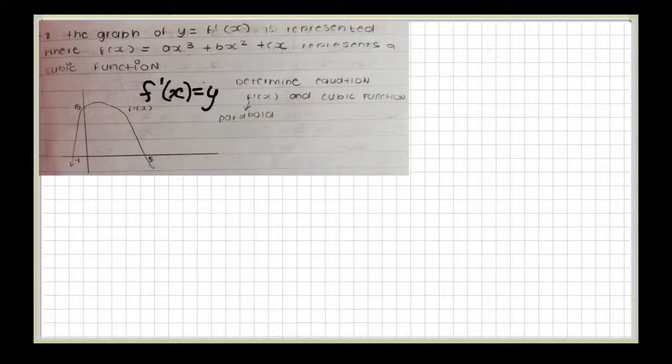I'm going to try this by looking at f(x) and f'(x). Now, the beautiful thing is, if I ignore that this is actually a derivative of a function, and I see this as being a function on its own completely, and I ask you to determine the equation of a parabola, I can almost guarantee you'd be able to do it.